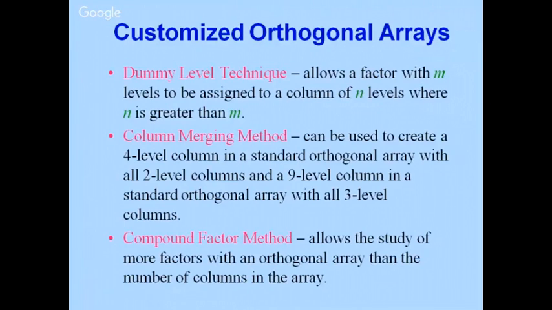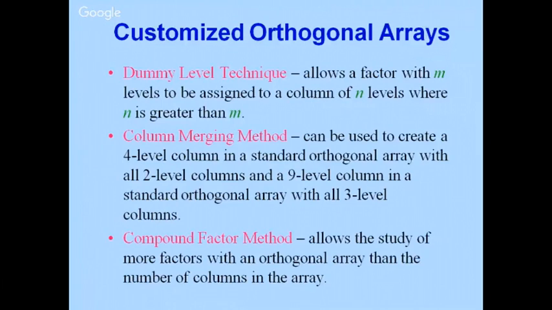It may be the requirement. You need to study it. It is the requirement of your experiment. So you can modify a standard orthogonal array by this column merging method. An example we have given: a 9-level column in a standard orthogonal array with all 3-level columns. So with all 3-level columns, we can put a 9-level factor also in that. So that is the column merging method.